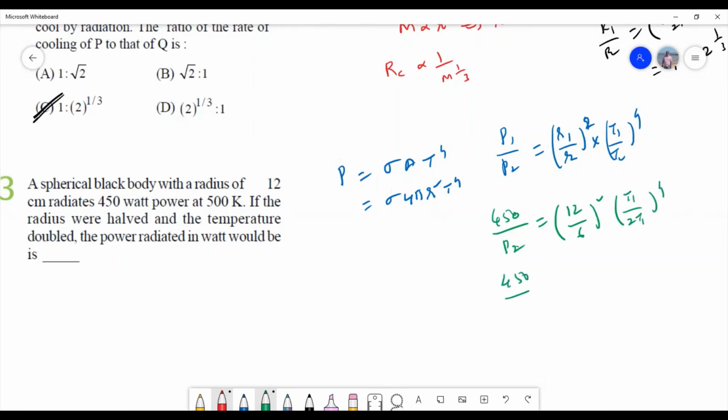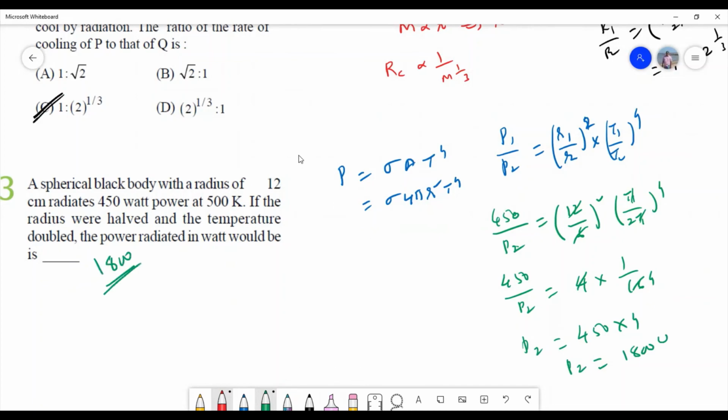So 450 upon P2 is equal to 2 times 2, which is 4, into 1 by 16, so this will go by 4 times. So P2 is equal to 450 times 4, nothing but P2 is equal to 1800 watt. So the answer is 1800.